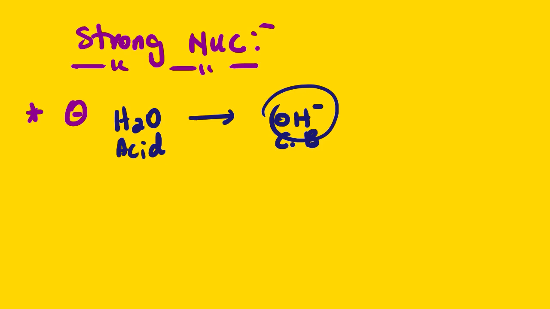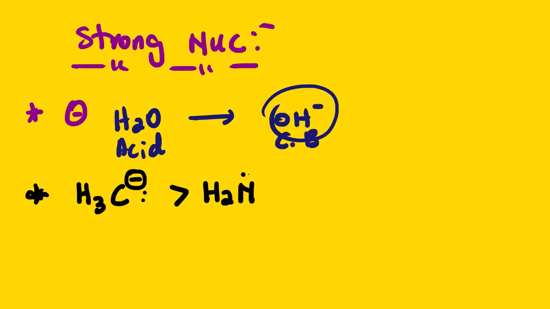Another property we should check is the electronegativity. A decrease in electronegativity is an increase in the strength of the nucleophilicity. So looking at this, we can see that carbon is less electronegative compared to nitrogen. Therefore, we can say this is a better nucleophile compared to this one.